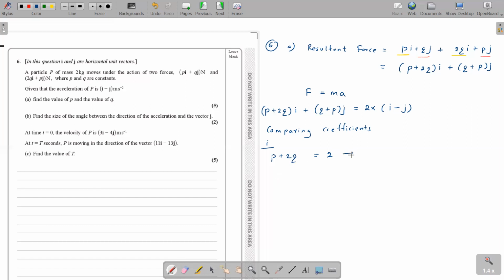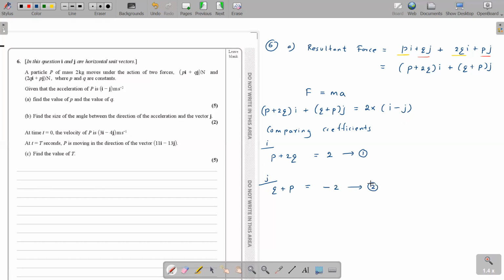So this is the first equation. For the second equation, compare coefficients for j. On the left we have Q + P. On the right, it's not 2j, you get −2j, so the j coefficient is −2.